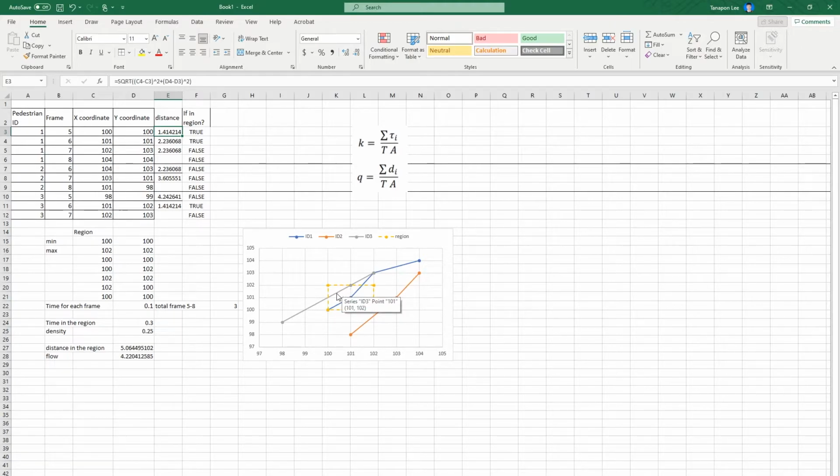So if you want to be more accurate in this, you can reduce the time step instead of 0.1 second, maybe 0.01, and we're going to get more detailed coordinates. And this error will not happen. So I just want to remind you that yes, there is some error, depending on how big your time step is.